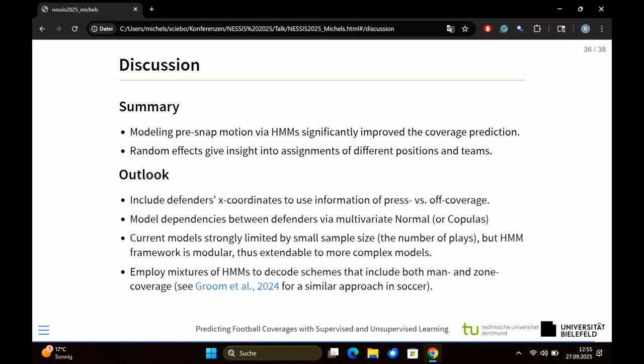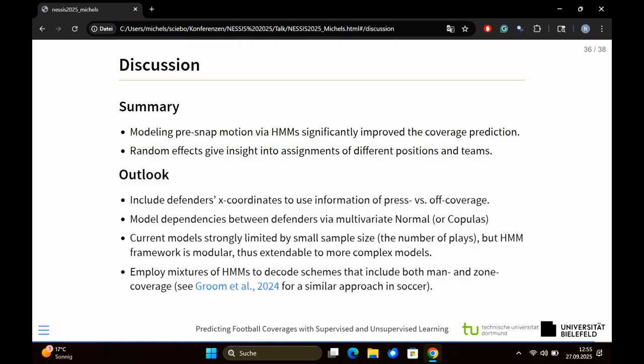However, we are not at the end of the road. The hidden Markov model framework is here to tell you what is possible with that, but even more is possible. So what could we do? We could include the defenders' X coordinates to use information on press or off coverage. We could model the dependencies between different defenders via multivariate normals or copulas.